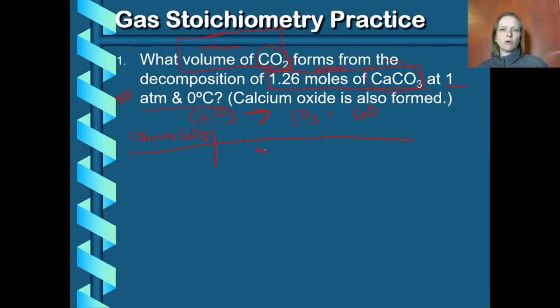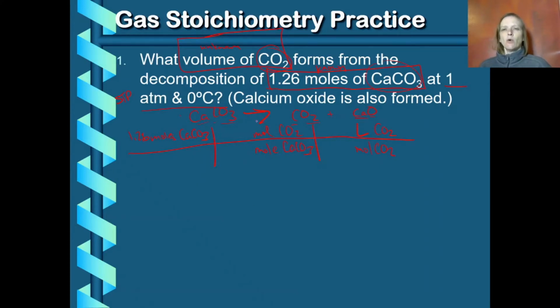I can get rid of moles of calcium carbonate and convert to moles of carbon dioxide. And then I don't want moles of carbon dioxide as my final answer. I want to get rid of moles of carbon dioxide and convert to liters of carbon dioxide.